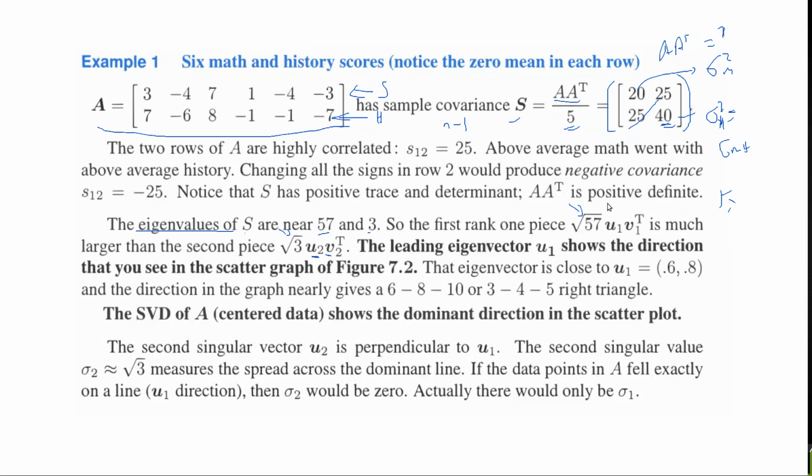Then we can form the left and right singular vectors associated with these singular values. It says here that the leading singular vector, U1, associated with the singular value of the highest magnitude, shows the direction that you see in the scatter plot in figure 2. So it gives the direction of the data.